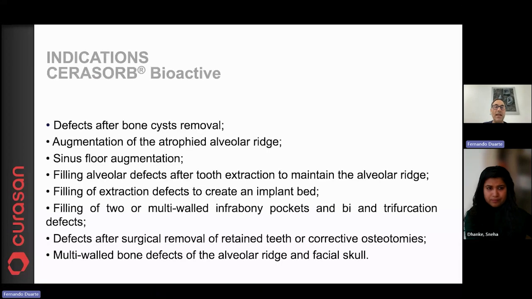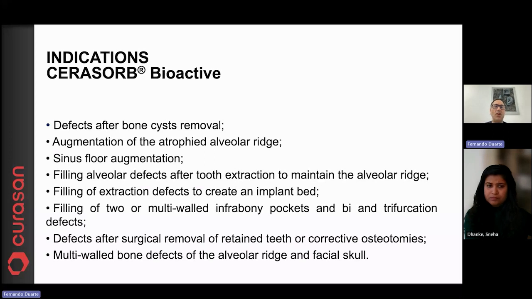In terms of indications, where we use the YW bioactive: the defects after bone cyst removal, as I did today, that we were talking about before this webinar, is very useful because now we have two concerns, not only to remove the totality of the cyst, which is very important, but also to prepare the bone for future rehabilitation, for instance with implants. And in the same surgical time, we can remove the cyst and do the bone reconstruction.